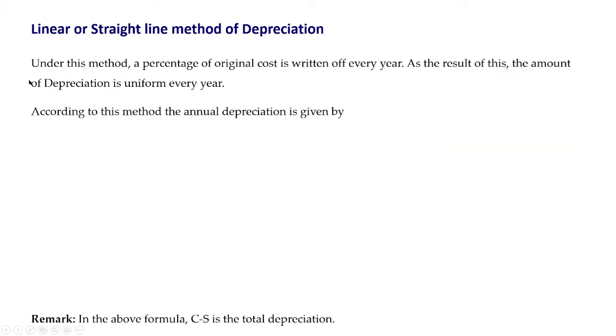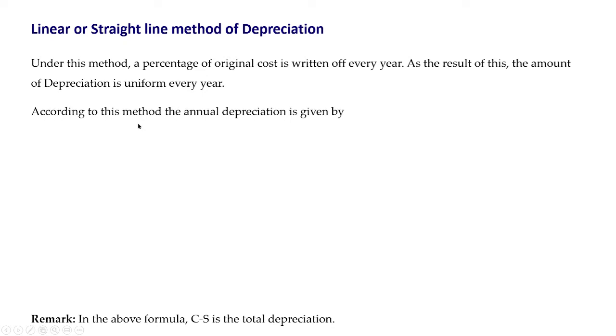Now moving on to the linear or straight line method of depreciation. Under this method, a percentage of original cost is written off every year. Written off means it is reduced every year as depreciation. As a result, the amount of depreciation is uniform every year.